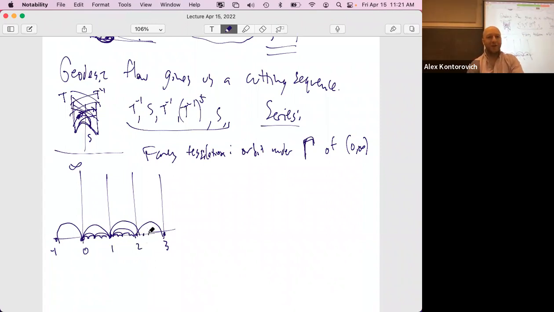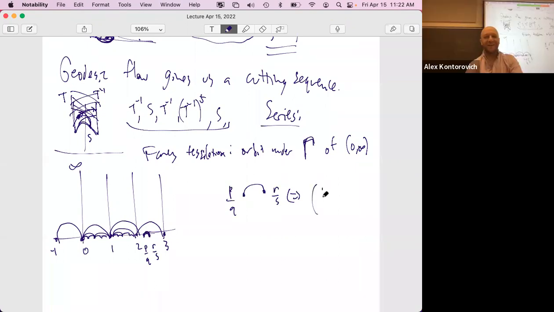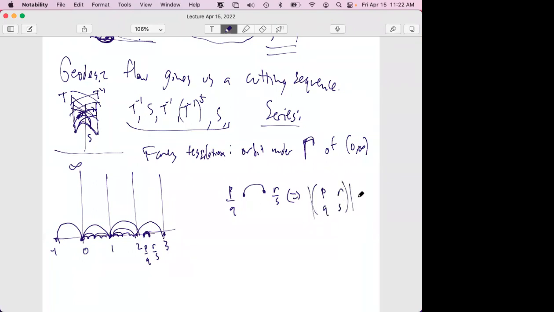So the fractions P over Q and R over S are connected by an arc in the Farey tessellation. P over Q has an arc to R over S if and only if... Lewis, do you know this? Would it be that the cross ratio is 1 or something? Yeah, exactly. If the determinant of PQRS is equal to 1.